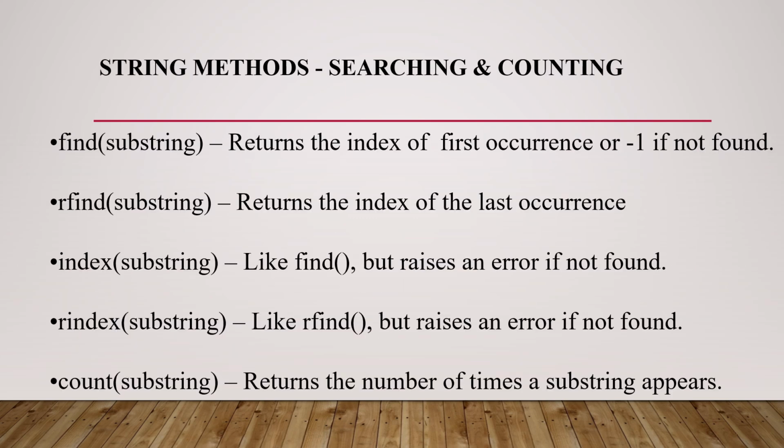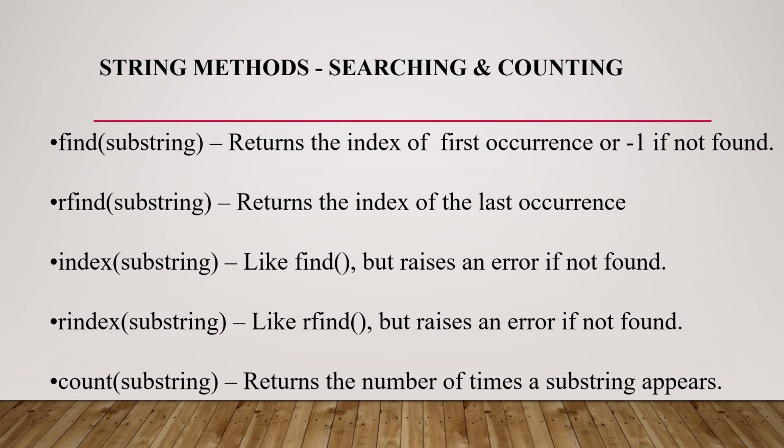So we will just see some of the string methods which are very much used for searching and counting in strings. The find method returns the index of the first occurrence of the substring, or it will return -1 if not found. The rfind method returns the index of the last occurrence of the substring.